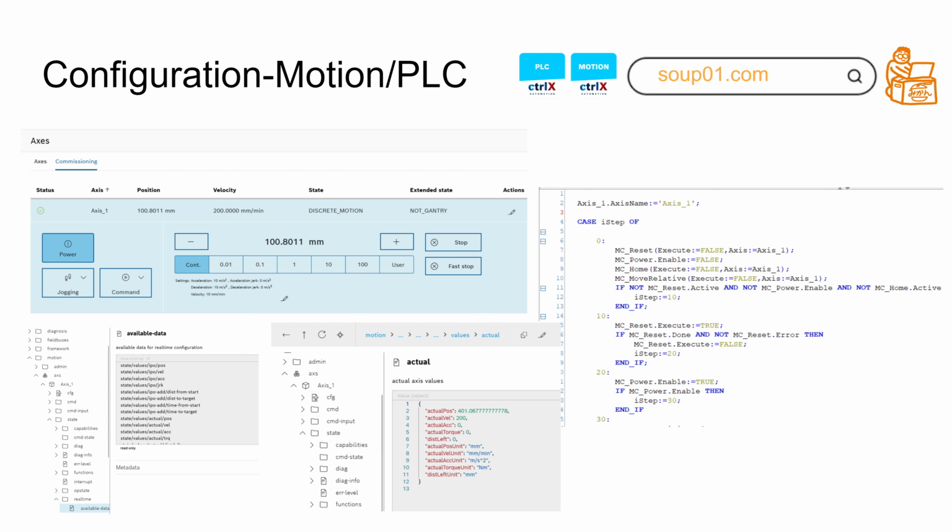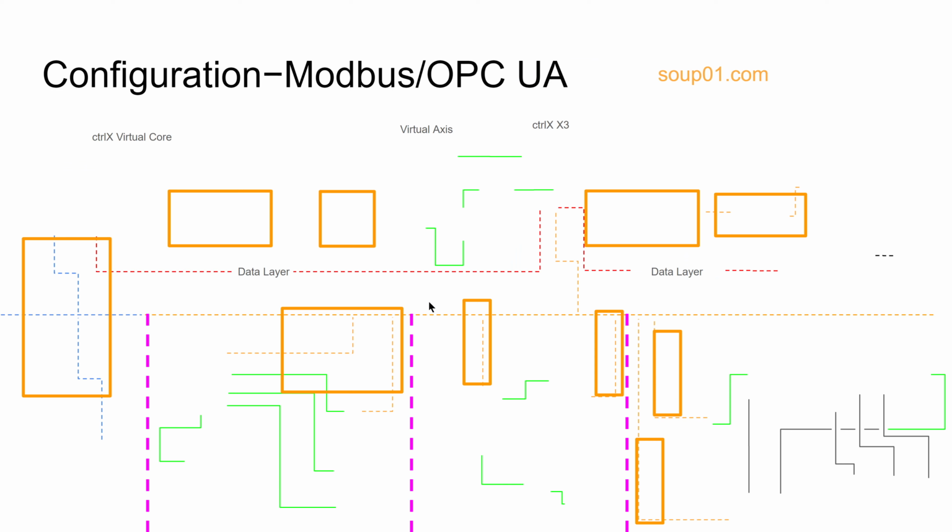Maybe you just need to pay the license of the motion app. Then you can do the control panel, and then you can do commissioning. But you can also use the data layer to see which data is available, and then you can send commands and get the actual data. And this time I use PLC apps to control my axes, but you can use any apps that you want.